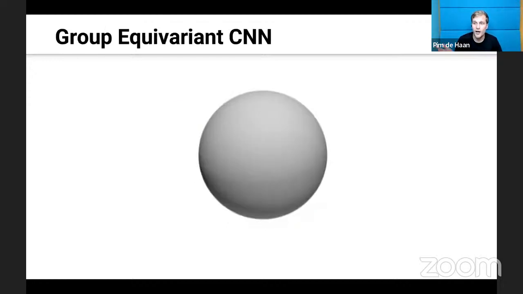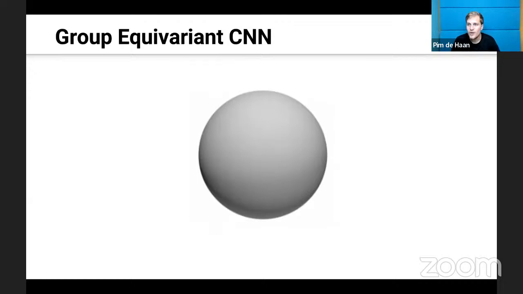And we can go on and on. Another example could be processing information on groups or homogeneous spaces, such as spheres. So we may design neural networks that operate on signals on spheres. And spheres can be rotated, and their signals along with them. And we may want to have that applying the neural network and then rotating the signal yields the same result as rotating the signal and then applying the neural network.